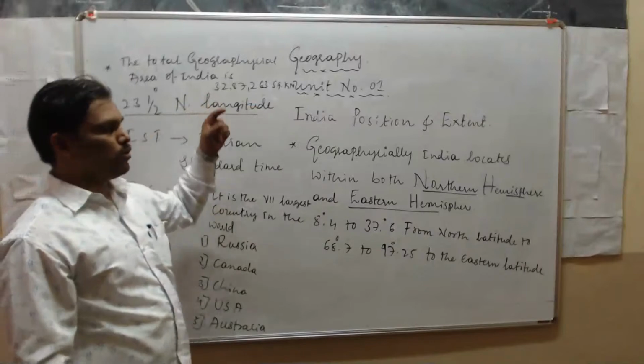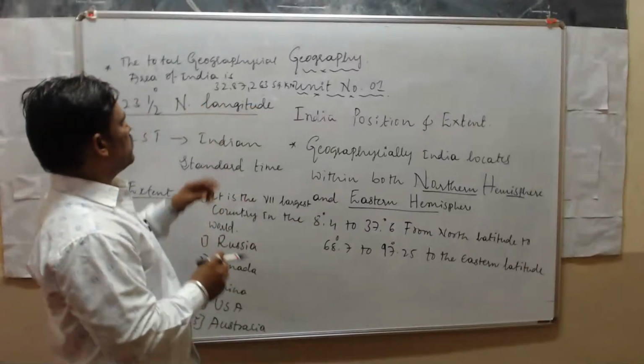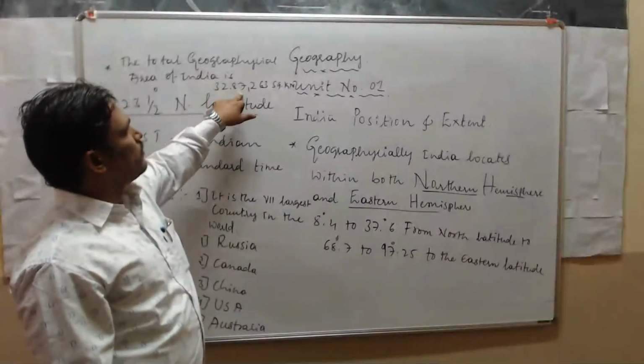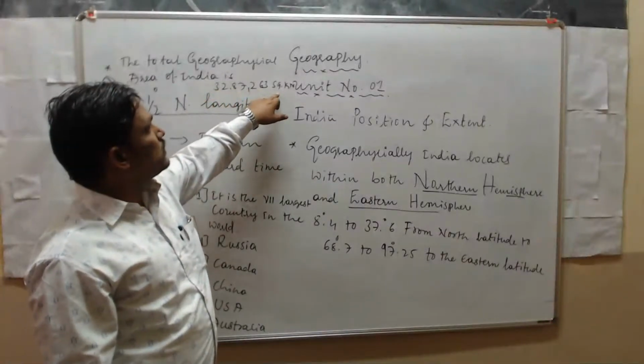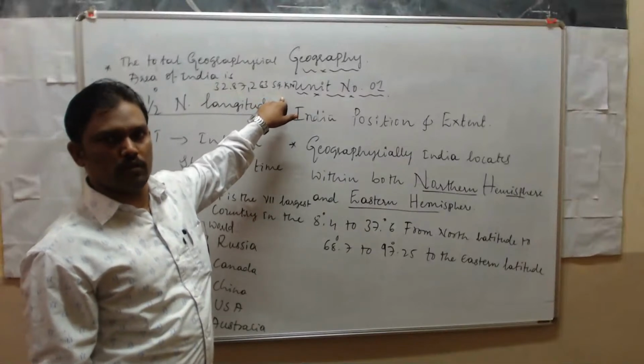It is the total geographical area of India, including Andaman and Nicobar Islands. 32 lakh 87,263 square kilometers. Very important.